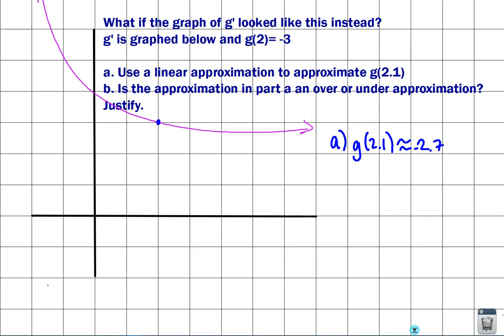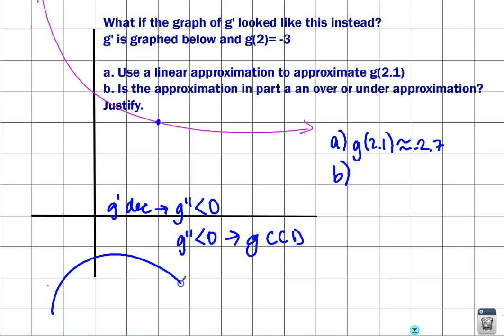It's still -2.7. Okay, but now let's think about this. Is the approximation in part A an over or an under approximation? Well, now that my derivative is decreasing, that means g double prime is less than 0. And if g double prime is less than 0, that means g is concave down. So if my function is concave down, my tangent line is going to go above, except at the point of tangency, everything else is going to be above.